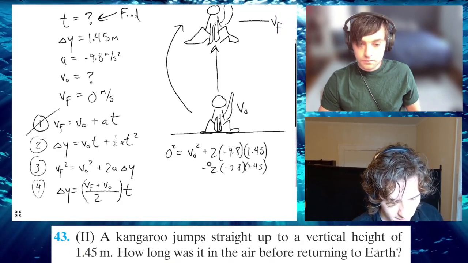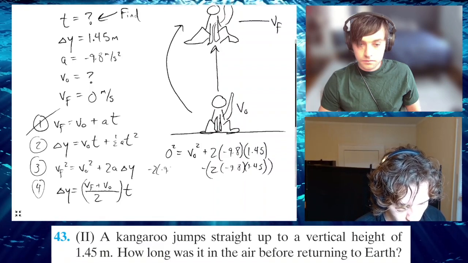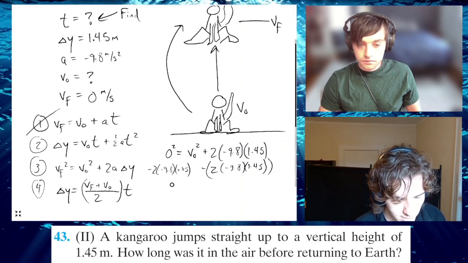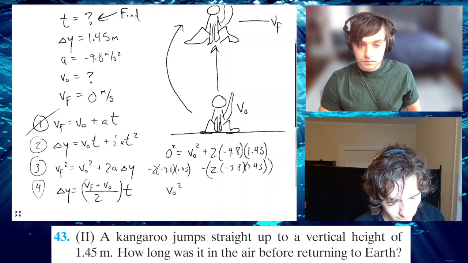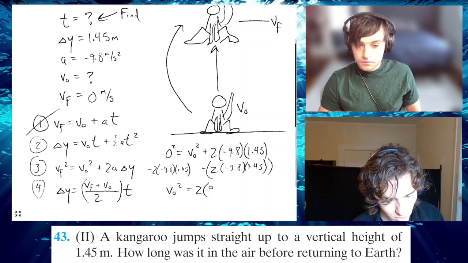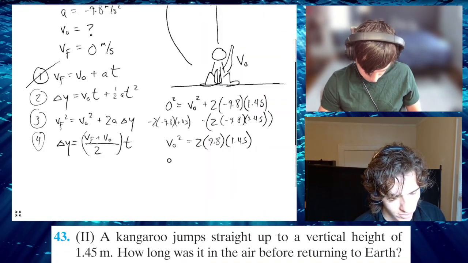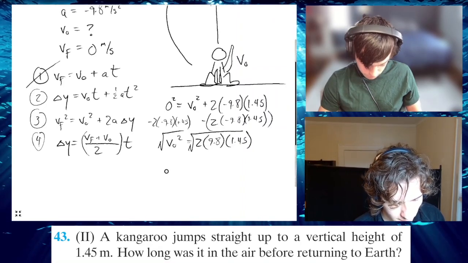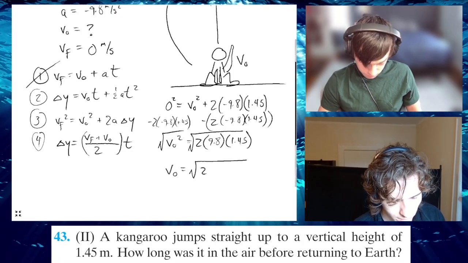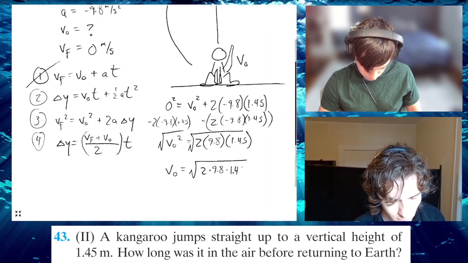So we did it minus all of this, minus 2 times negative 9.8 times 1.45 on both sides, and we end up with v naught squared equals, a negative of a negative is a positive, 2 times 9.8 times 1.45. Finally, all we have to do is take the square root of both sides, and we get v initial is equal to the square root of 2 times 9.8 times 1.45.